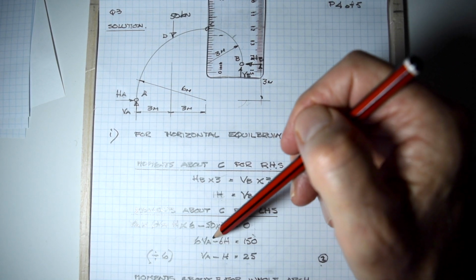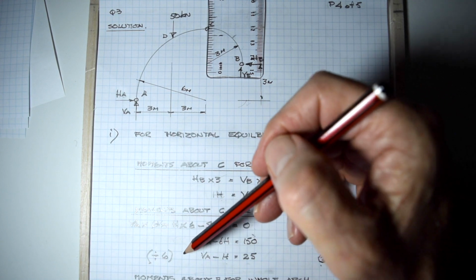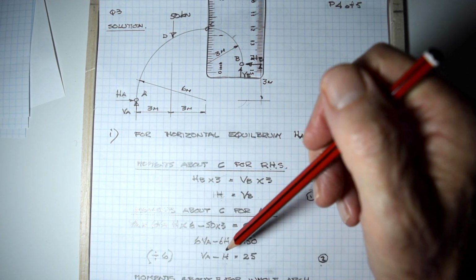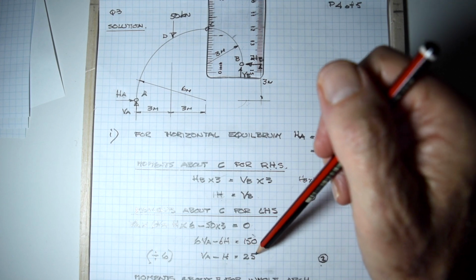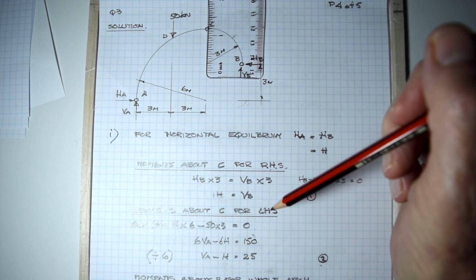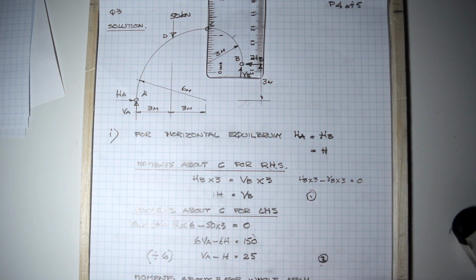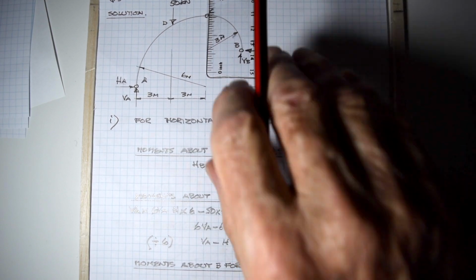Simplifying that, we get 6VA minus 6H equals 150, and if we divide through by 6, we get VA minus H equals 25, and that's equation 2.